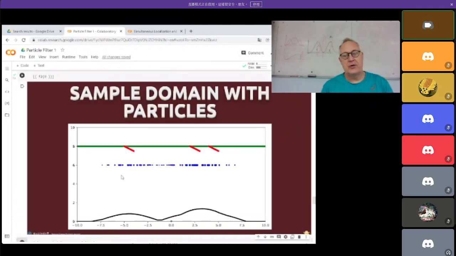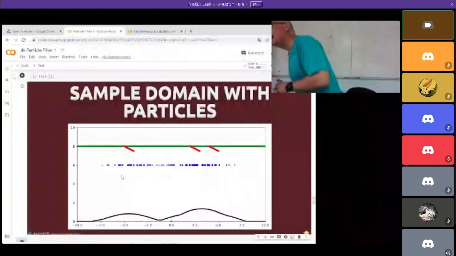This is the first part of the particle filter algorithm.